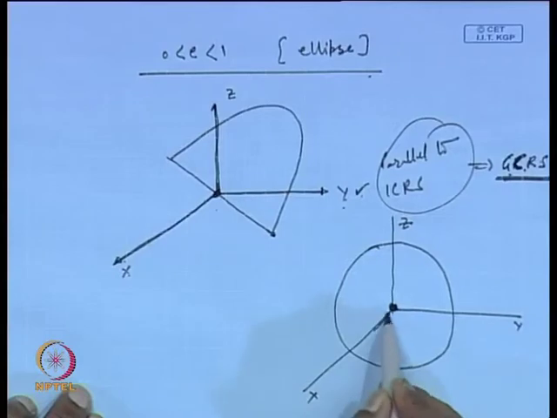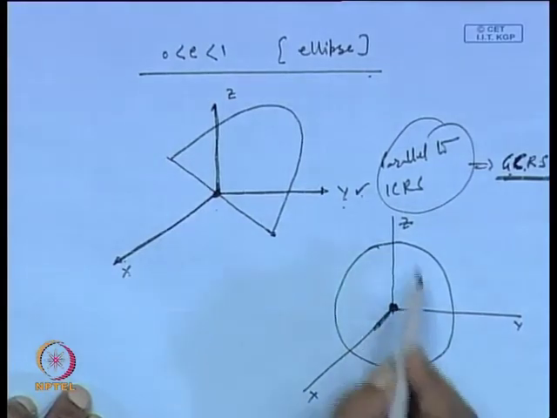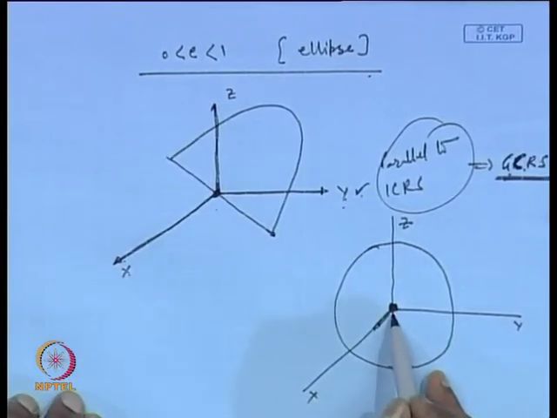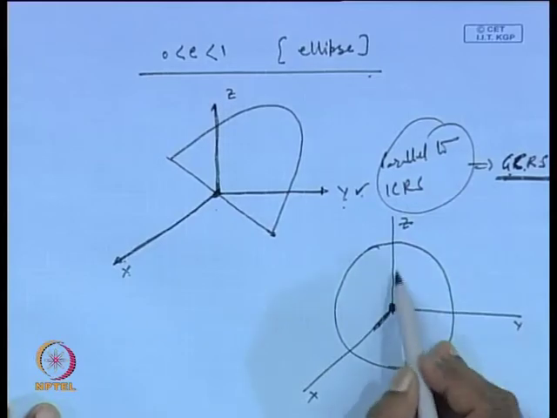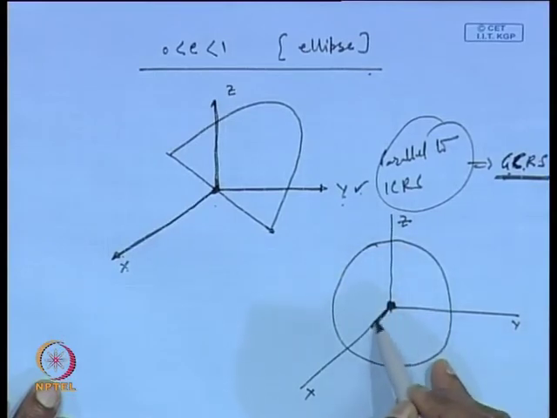The orientation of this reference frame, while the earth goes around the sun, remains the same. A snapshot at this instant and another snapshot at another instant will look exactly parallel to each other. But because the earth is going in an elliptical orbit, it has a certain amount of acceleration. So in true sense this is not exactly an inertial reference frame, but for many of our measurement purposes it will serve as the inertial reference frame, because this acceleration is quite small.